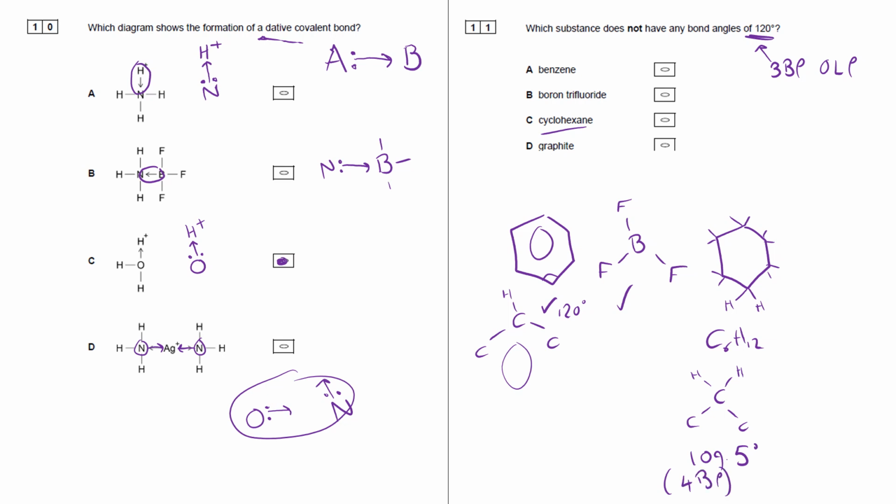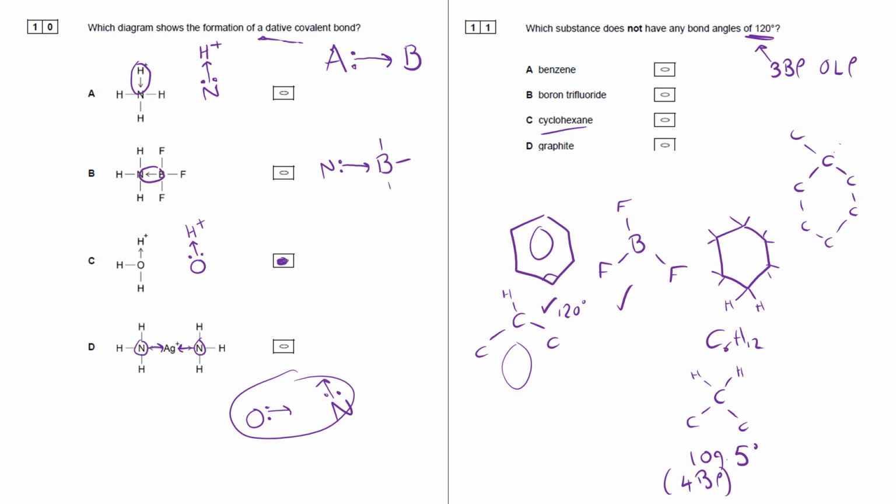Graphite, similar to benzene, it forms these hexagonal structures. Each carbon forms 3 bonds, with the spare electron becoming delocalized between layers.